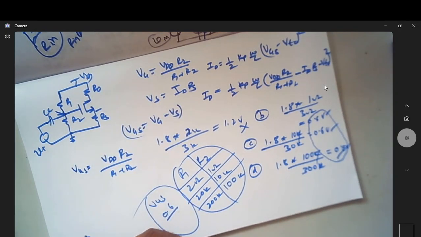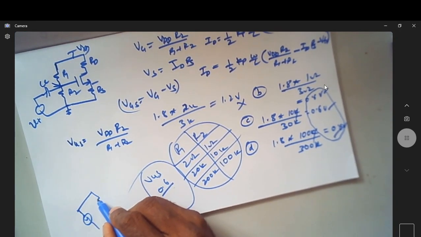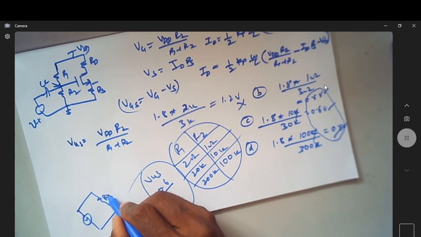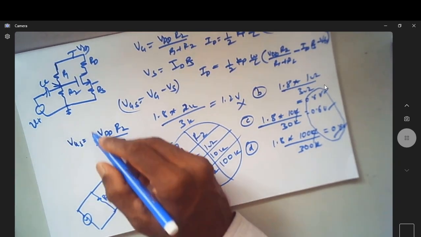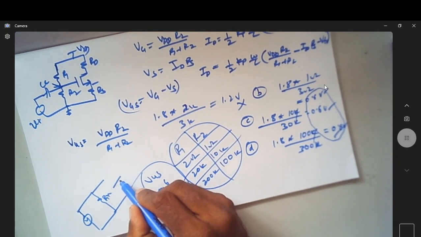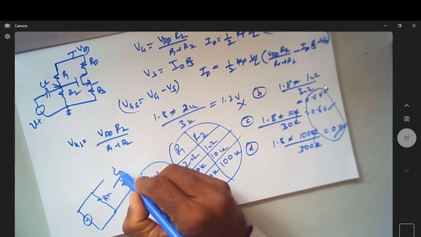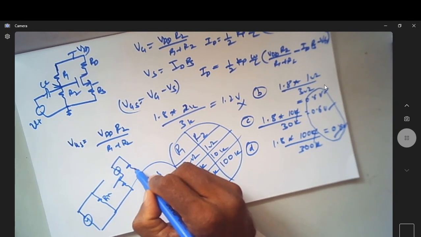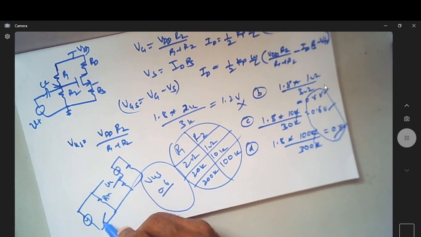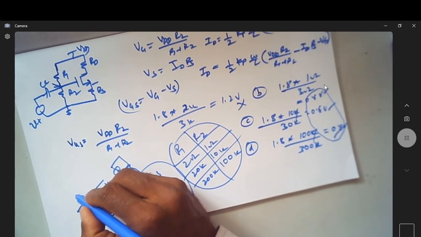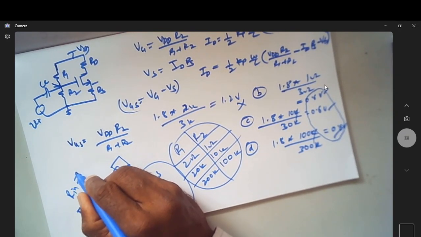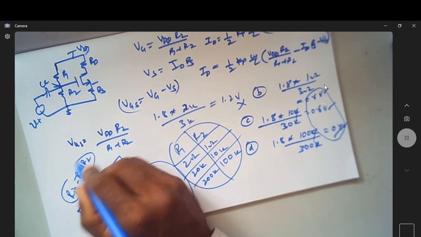If I write the small signal model of this, it looks like this. Now this is Rin, and this is my RS. This is my small signal model. So this is my input impedance, where Rin is given by R1 parallel R2.